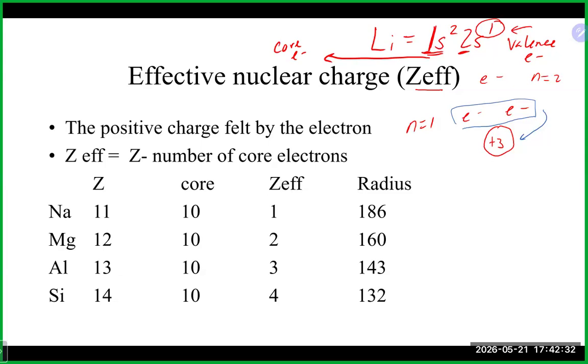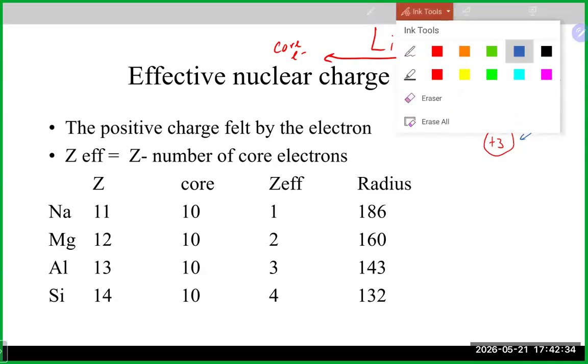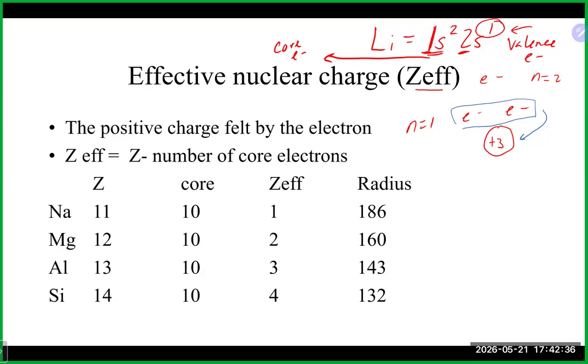Now, when we look at our valence electron, which is on the second energy level, which is further away from the nucleus over here, this electron here is not feeling as strong of a positive attraction to the nucleus. And that is because of these lower energy electrons. They are doing what is known as shielding.